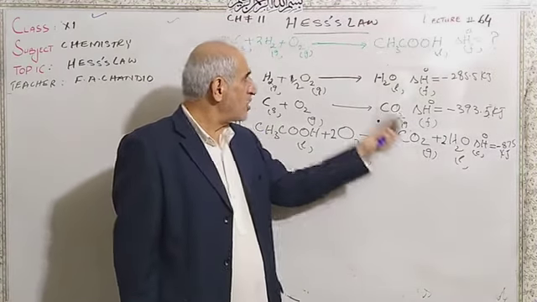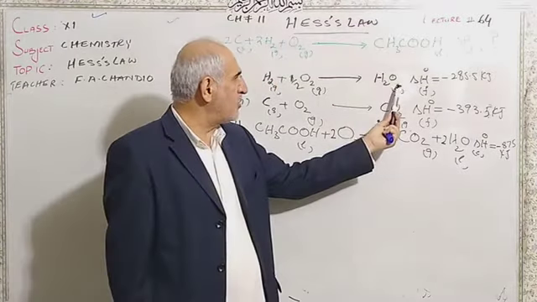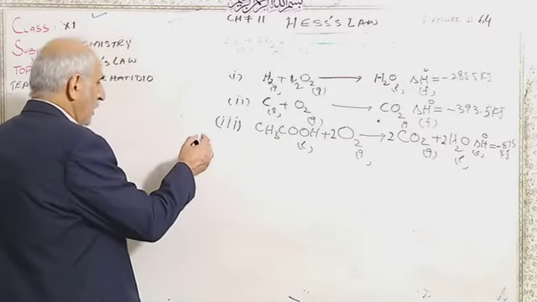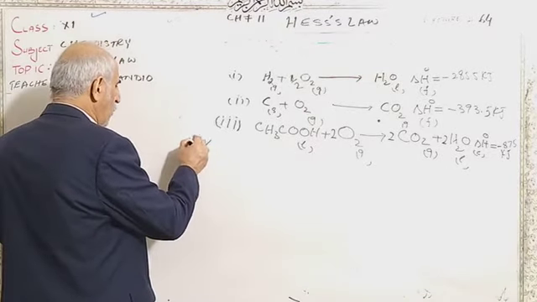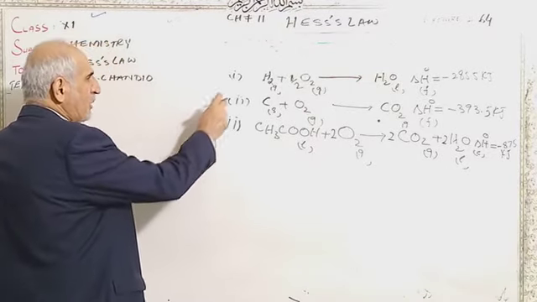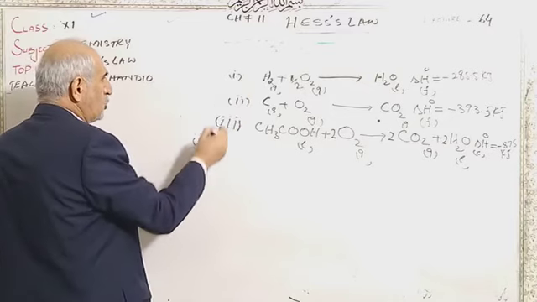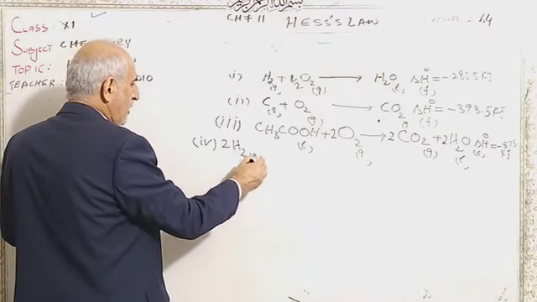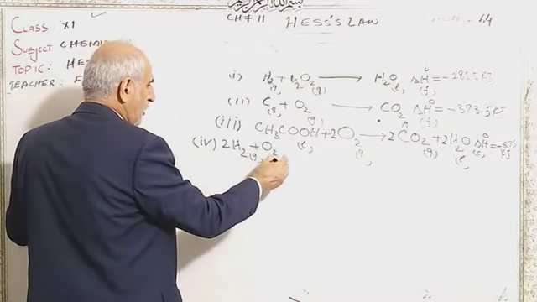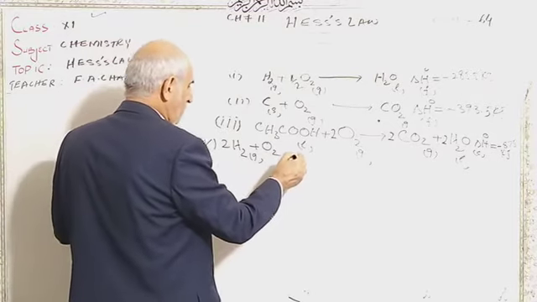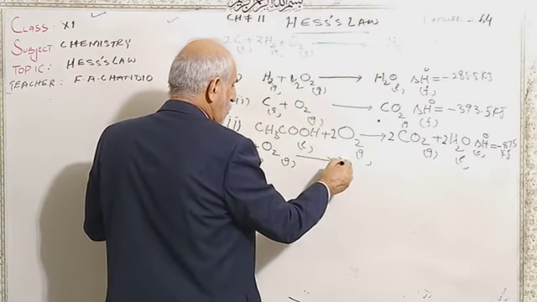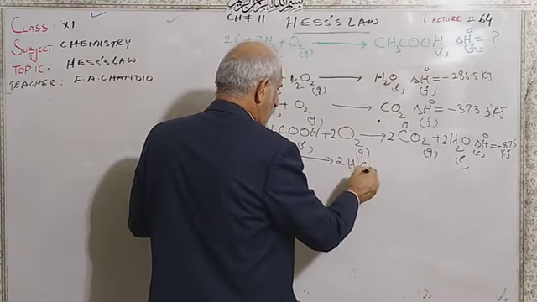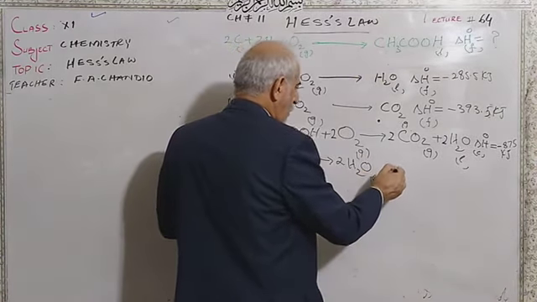Water, there are 2 moles, and there is no water here, so again I must multiply by 2. To make equation number 4, I must multiply this equation by 2. So 2H2 gas plus oxygen gas gives 2 moles of water liquid.